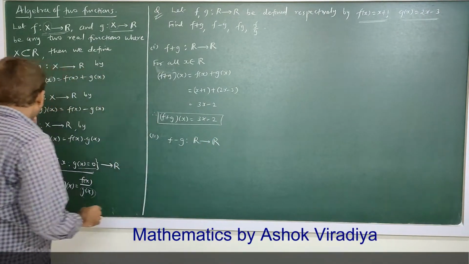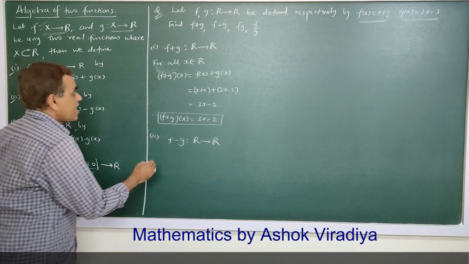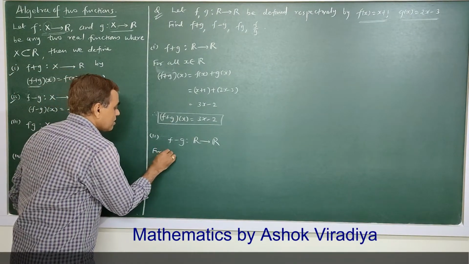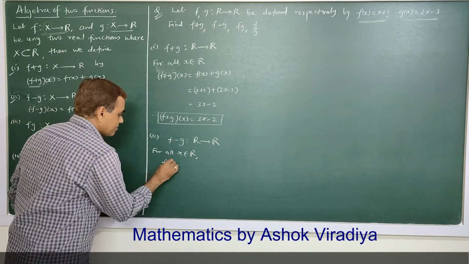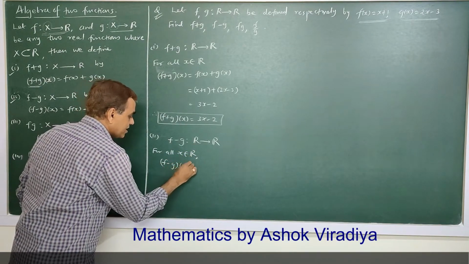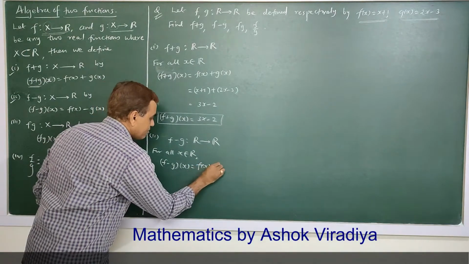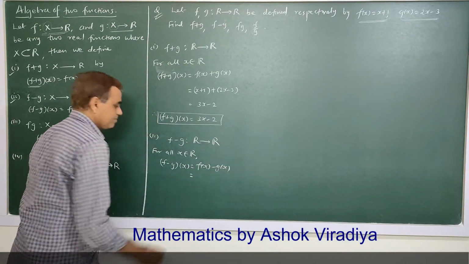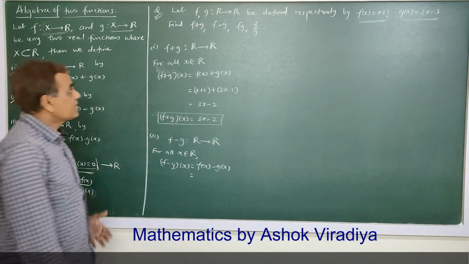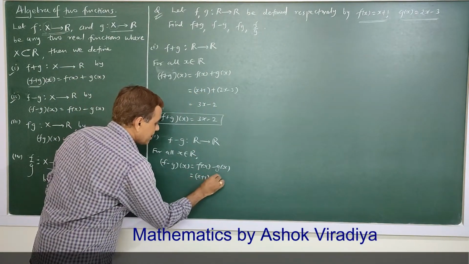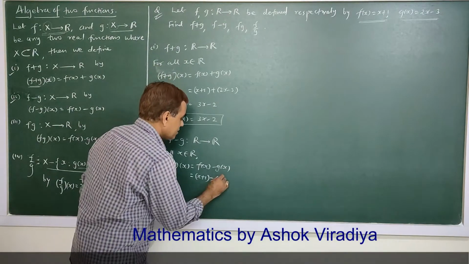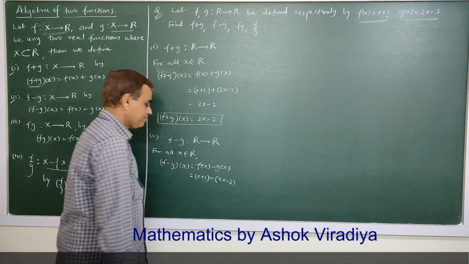Now, by this definition, for all x belonging to the domain, (f minus g)(x) equals f(x) minus g(x). f(x) is x plus 1 minus g(x), which is 2x minus 3.